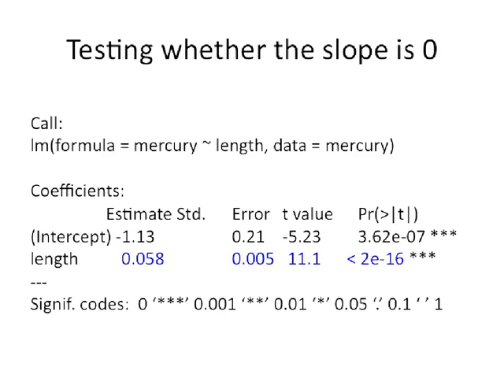Just to continue with the mercury data, but this is something that's relevant to many of you. When we're fitting a model of mercury on length, we get out the intercept minus 1.13 and the slope 0.058, and there's an error attached to that.